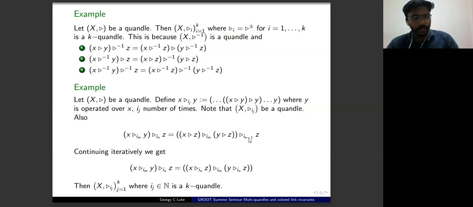So we continue it iteratively, and what we get will be (x ◁_{i_n} z) ◁_{i_m} (y ◁_{i_n} z). Each time this index will start reducing, and here it will start increasing by 1. So this is the right distributivity property we require for the multi-quandle. So (X, ◁_{i_j}), with j running from 1 to k, is a k-quandle.